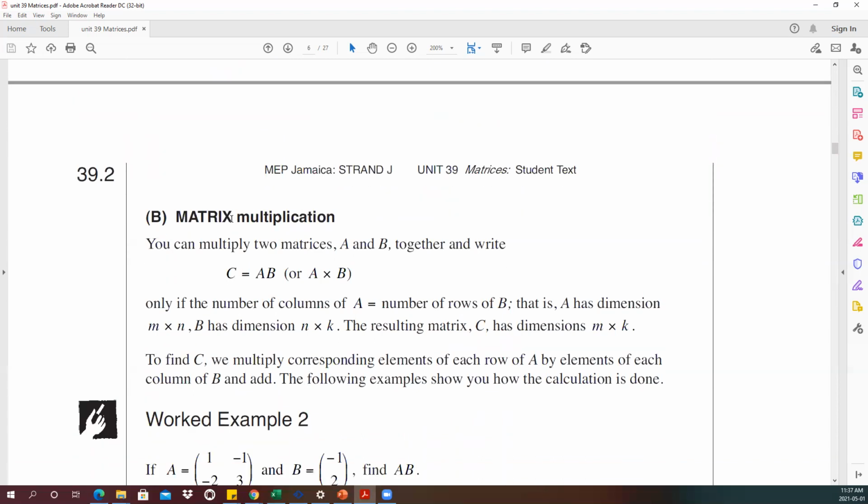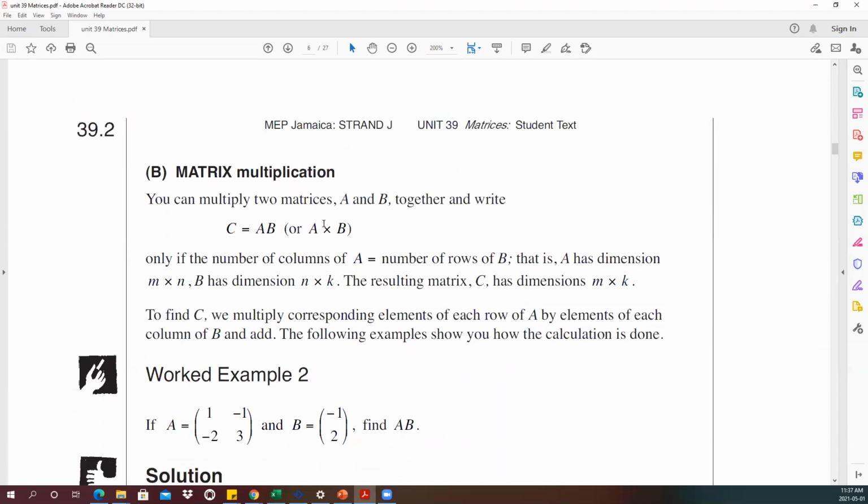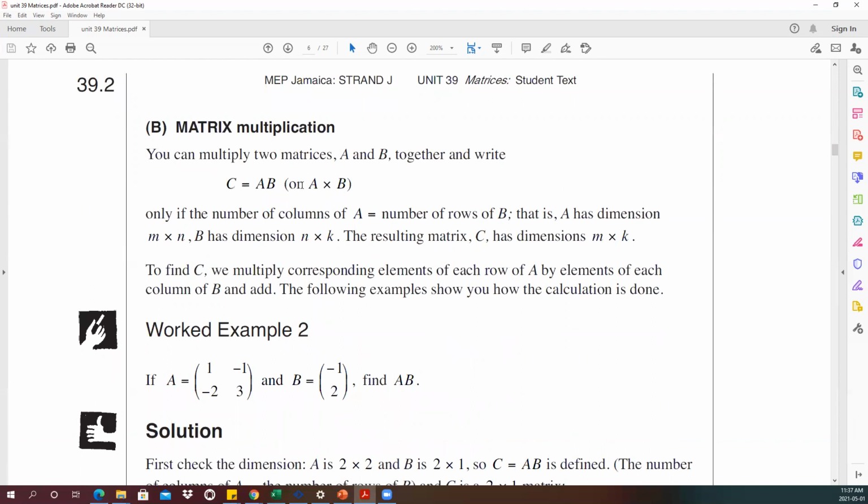Now we get into the proper meat of the matter, I would say. It's matrix multiplication.